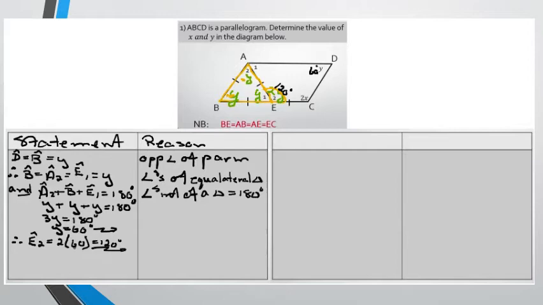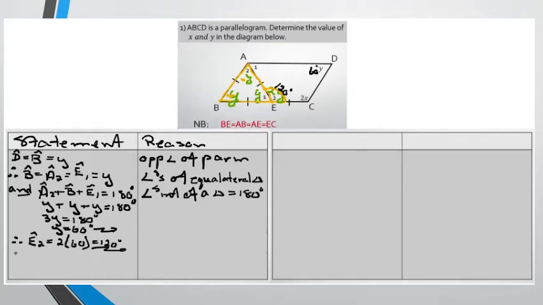Right, guys, there I got that part so far. Now I must try to find y in this particular case. Let's see if I can find y. My space is very much limited, so I'm going to try my best to continue. I would like to start by saying in quadrilateral. Let me see if I can find a quadrilateral.